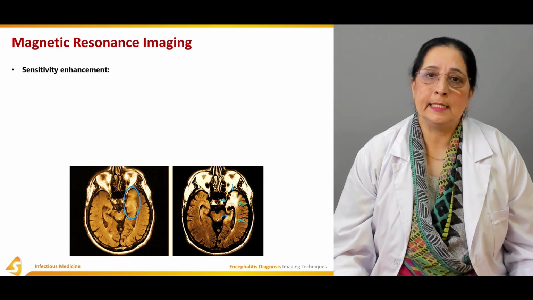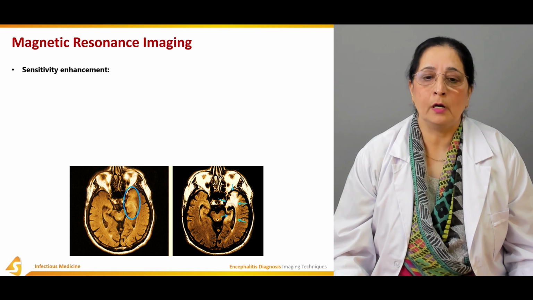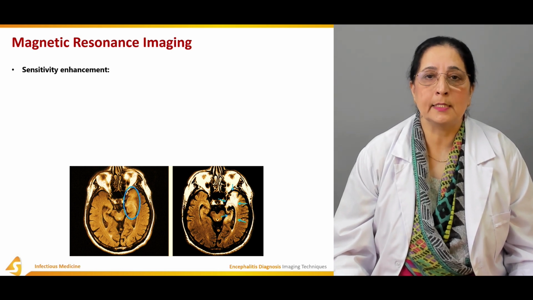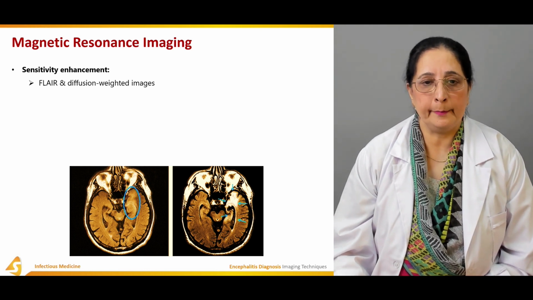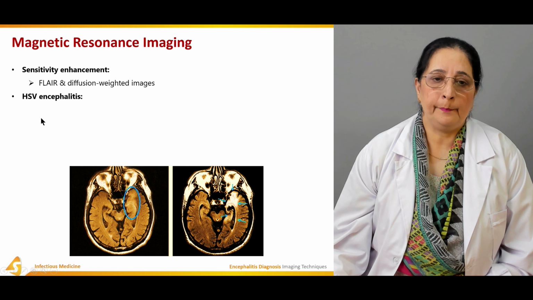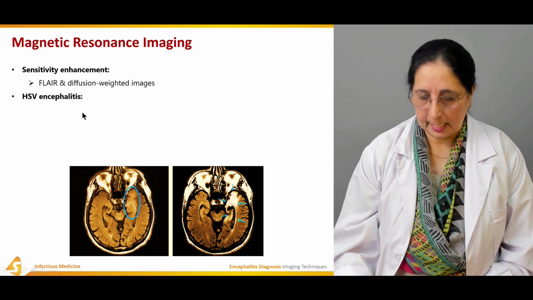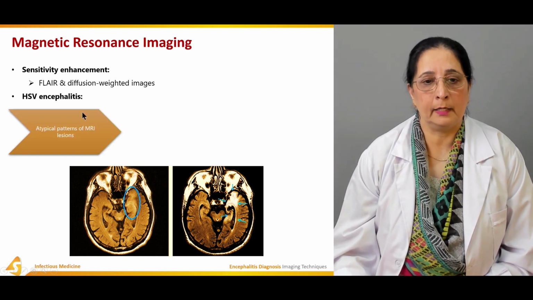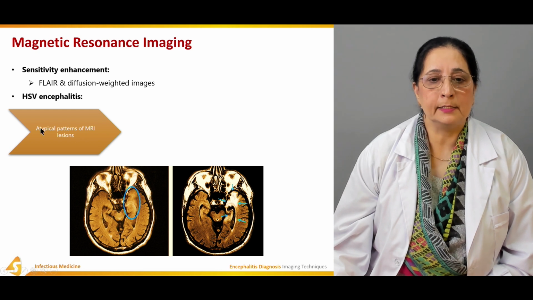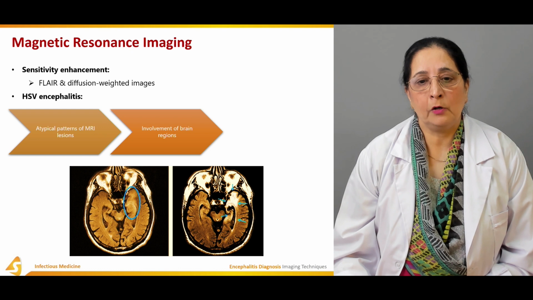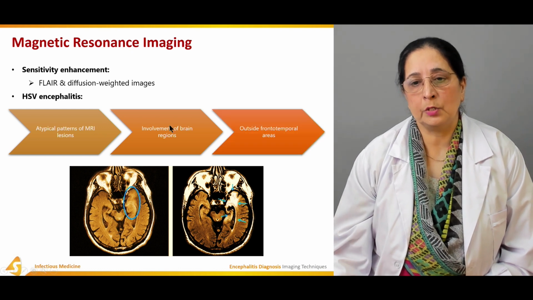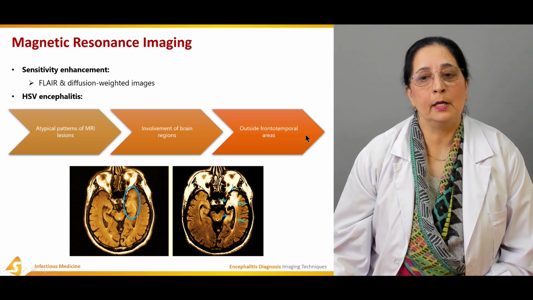Next is sensitivity enhancement on magnetic resonance imaging, FLAIR and diffusion weighted images. In herpes simplex virus encephalitis, we can have an atypical pattern of MRI, with involvement of brain regions outside the frontotemporal area.